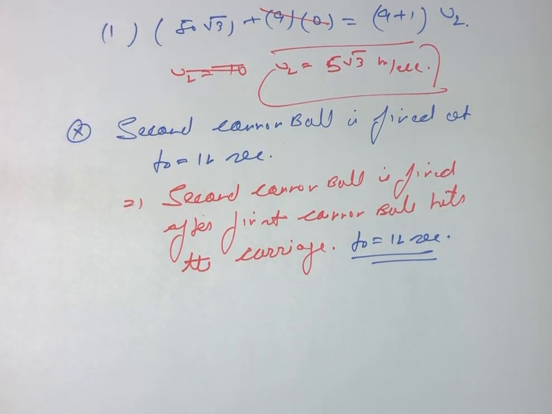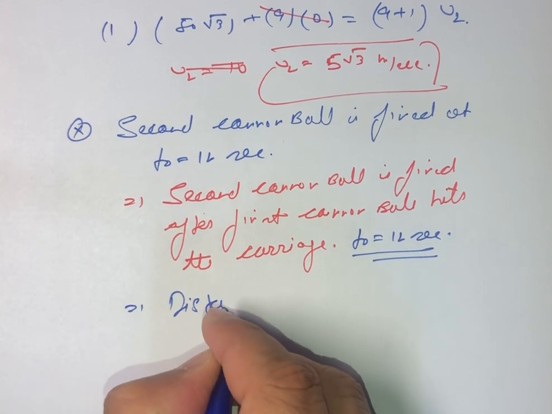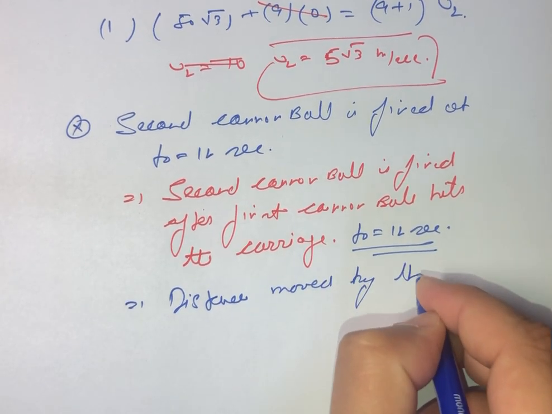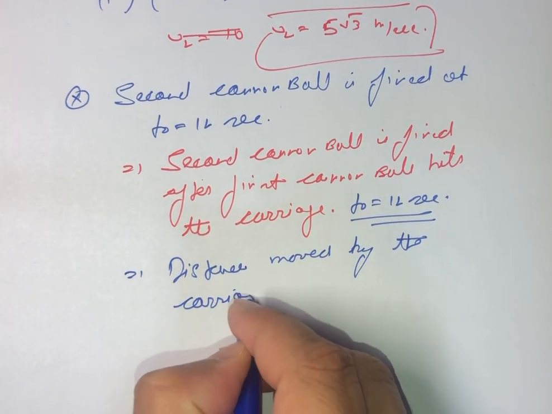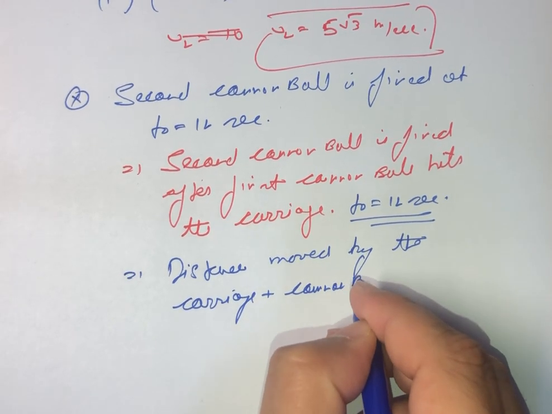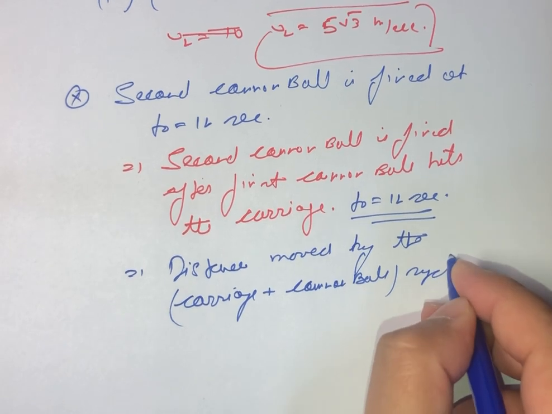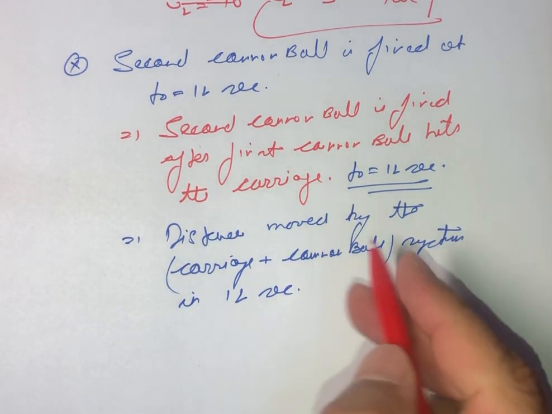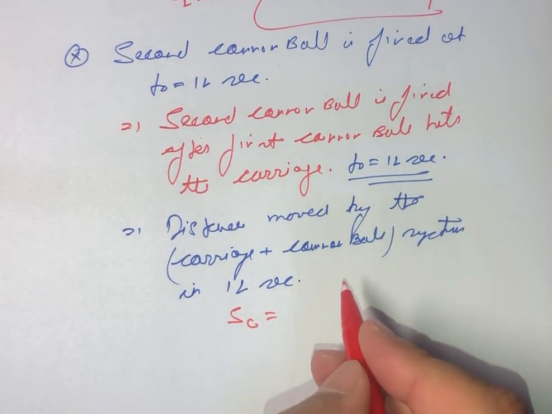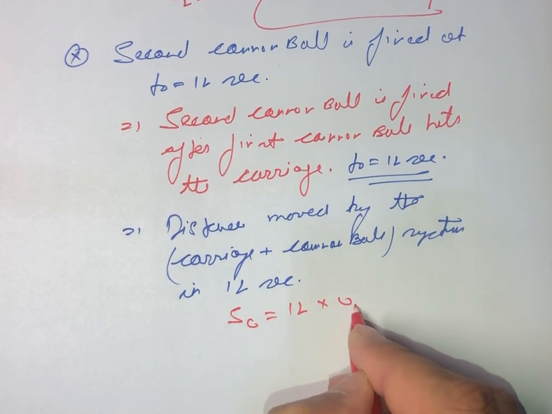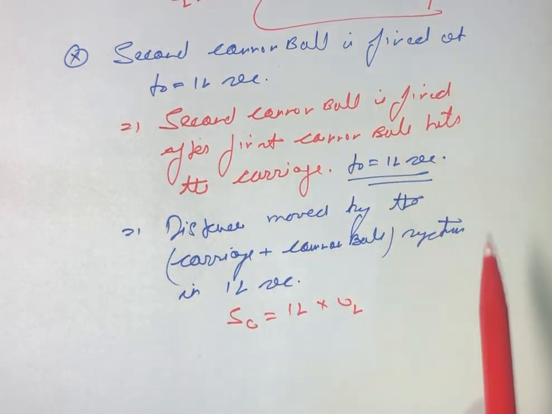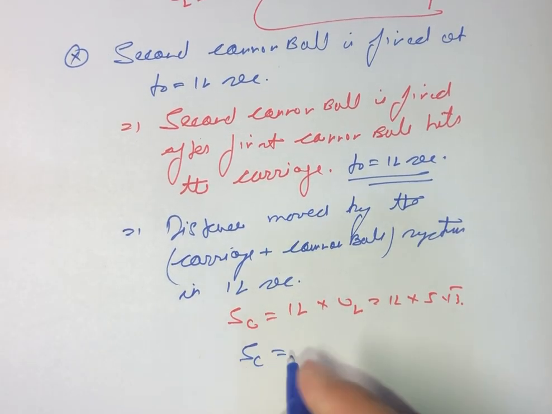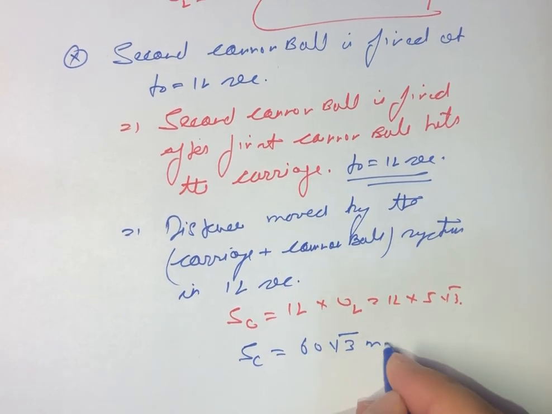Let us call the distance moved by the carriage plus cannonball system in 12 seconds SC, and that will be equal to 12 multiplied by V2, and V2 we already calculated is 5√3, so SC is equal to 60√3 meters.